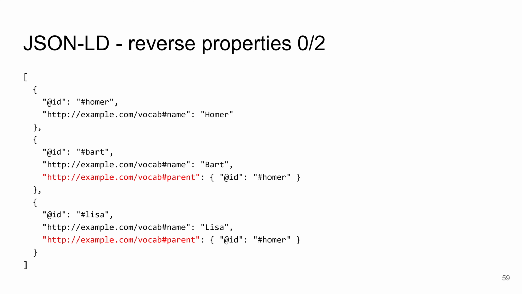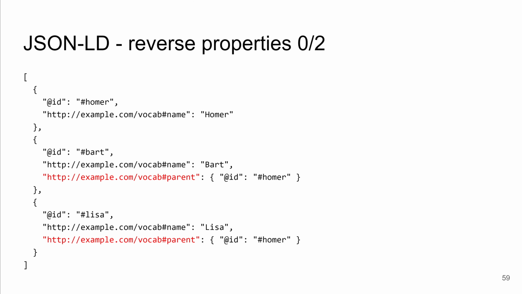An example here is from the Simpsons. We have Homer here, who is the father or a parent of Bart and Lisa. However, we want to represent this relationship by the parent predicate in RDF, which goes from children to their parent. So we have Bart and Lisa, and they both have Homer as a parent.